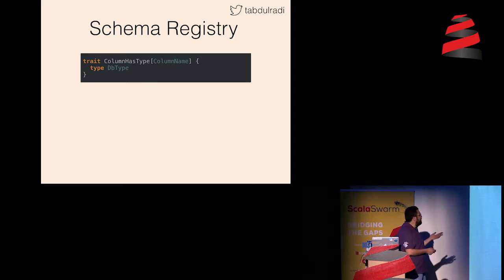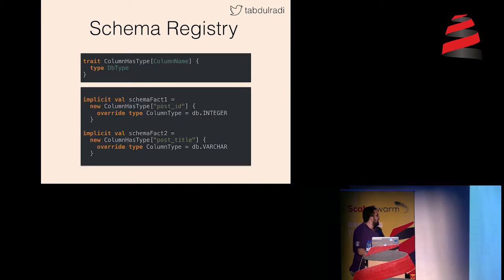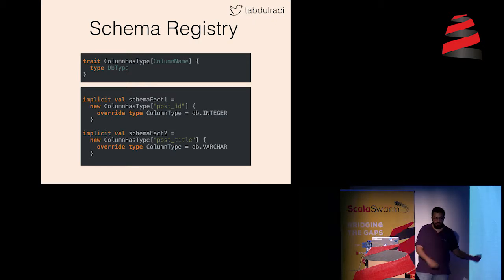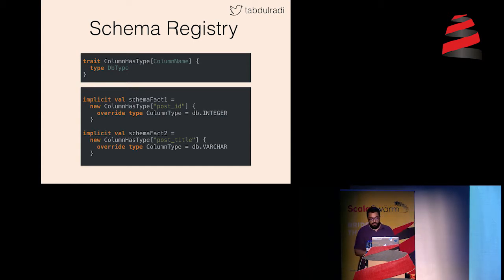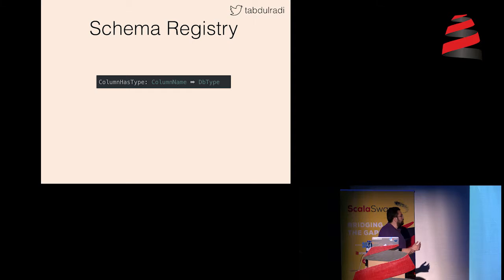It's just a mapping from column name to DB type. Gonna define instances of that. So gonna tell the compiler, hey, post ID has column type integer and post title has the column type varchar. Cool? Now we have our mapping from column name to DB type.